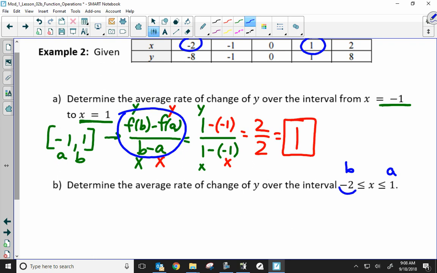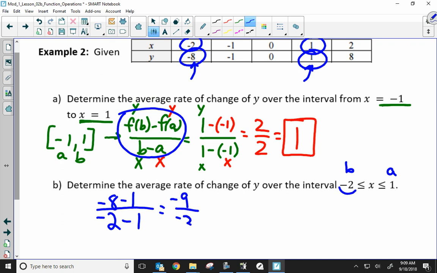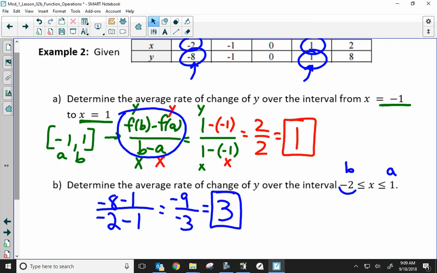So I'm going to take y2 minus y1, so it's negative 8 minus a negative 1, minus 1 on the top, those are my y values, over my x values, negative 2 minus 1. The top is negative 9 over a negative 3, and if I divide those, there you go. Plain and simple.